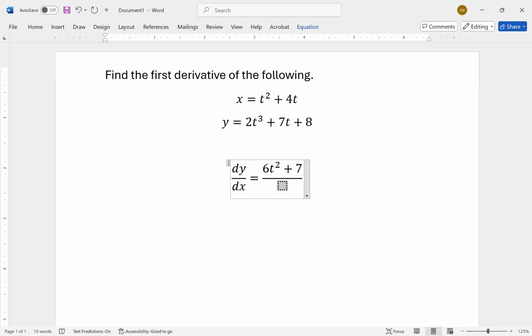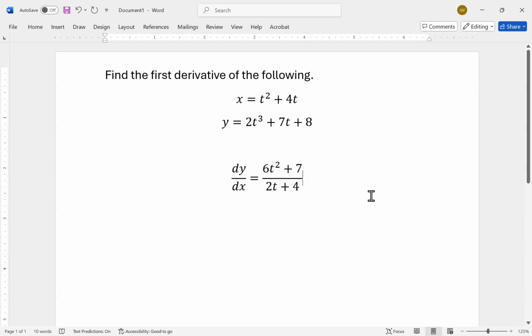And divide that by the derivative of the x function, which is going to be 2t plus 4. Now, this is going to exist as long as t is not -2. When t is -2, this derivative obviously does not exist because we get a 0 in the denominator. But that's it. That's the whole thing. That is my derivative, and this will give me the slope of a tangent line.